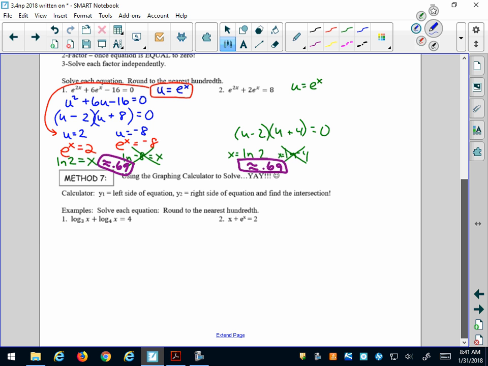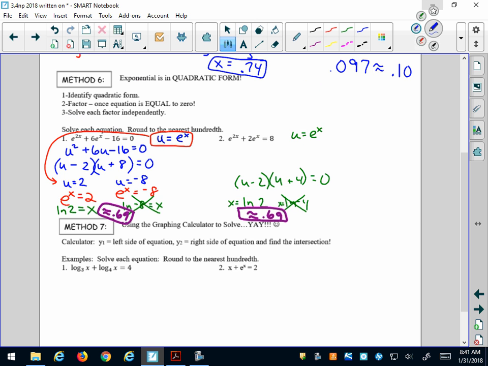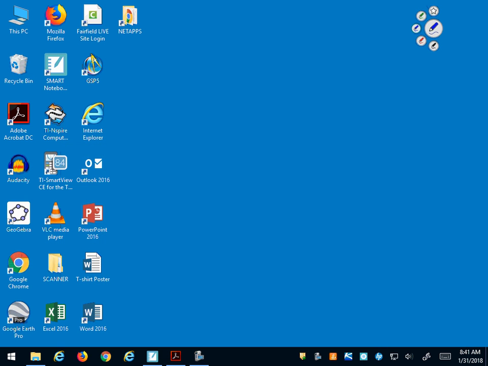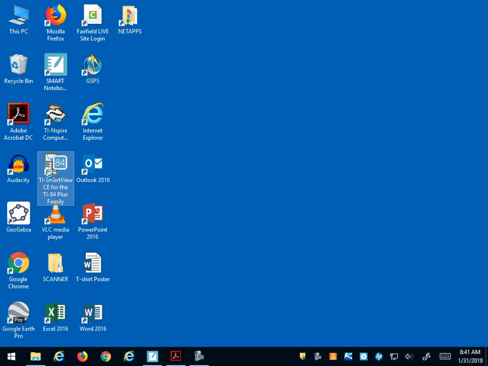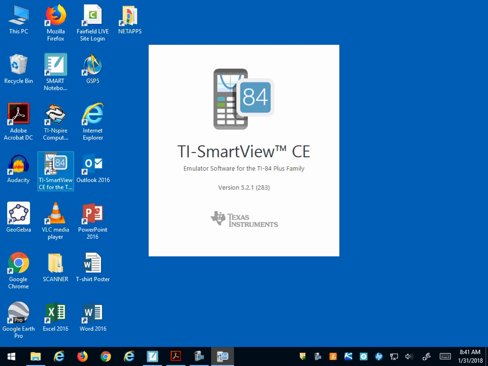You've got your left side, you've got your right side. You can just push second calc intersect. So if we do that here, the thing you want to make sure that you do is obviously enter it accurately.